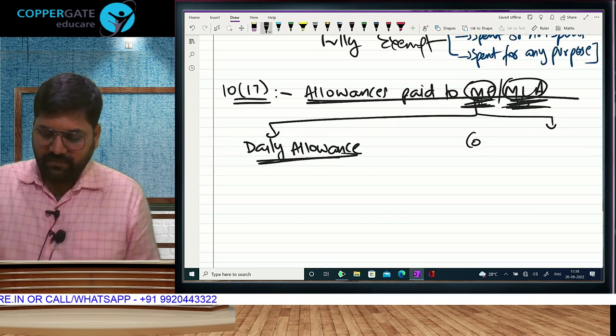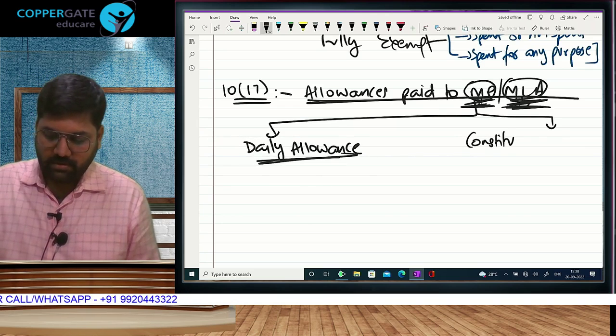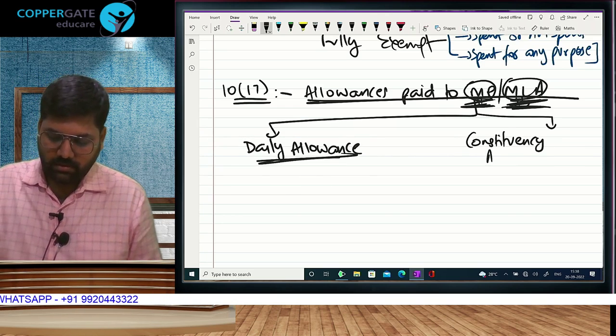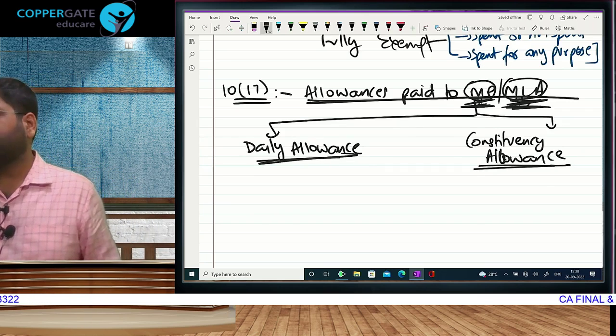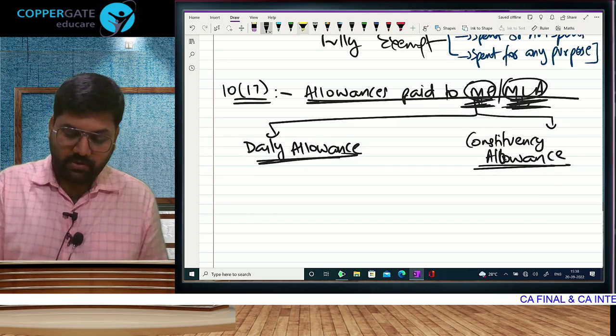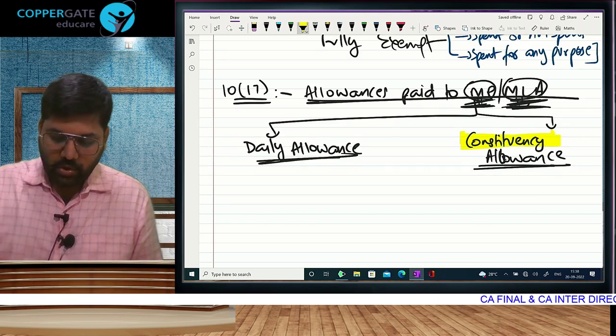Likewise, we will give them something called a constituency allowance. So the meaning of daily allowance is understood? Yes. What do you mean by constituency allowance?